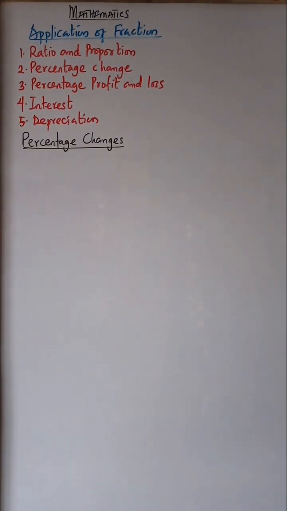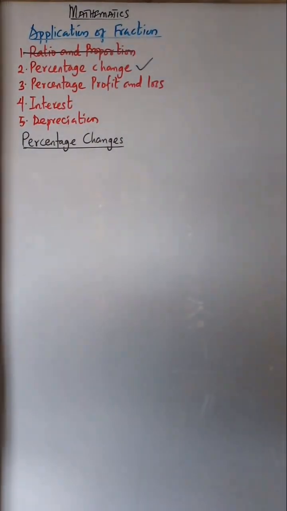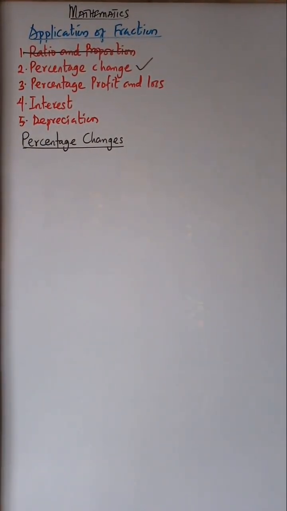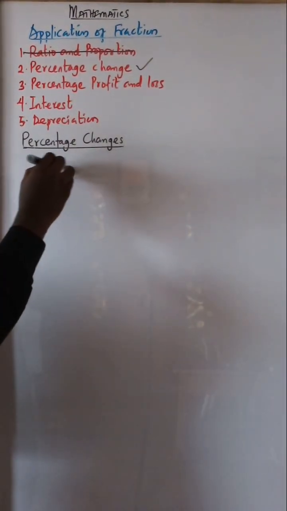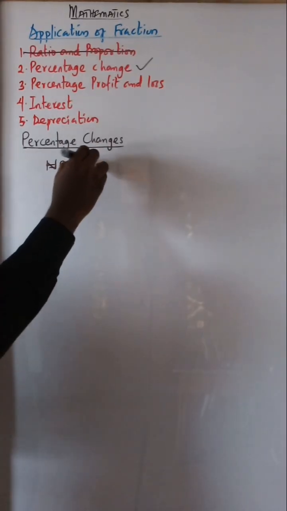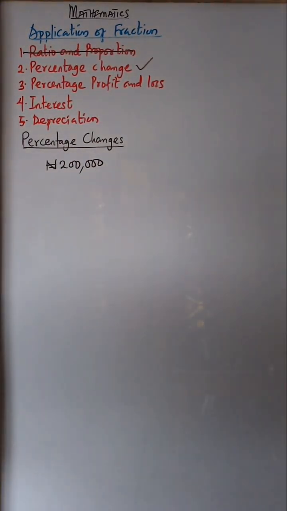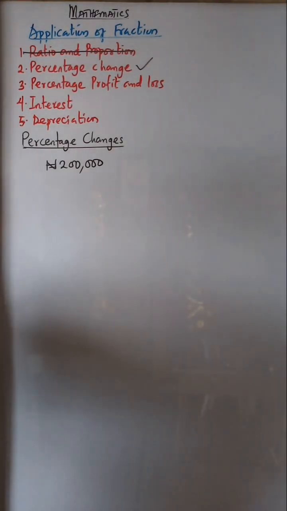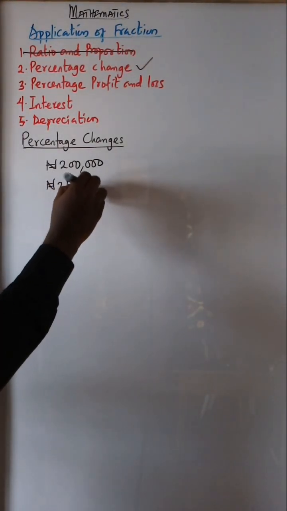Now we are done with the first one, ratio and proportion. Then let's take percentage change. What is change in percentage? Suppose we have a worker that is currently receiving 200,000 as salary, and has a promise that by the following month the new salary is going to be 250,000 naira.